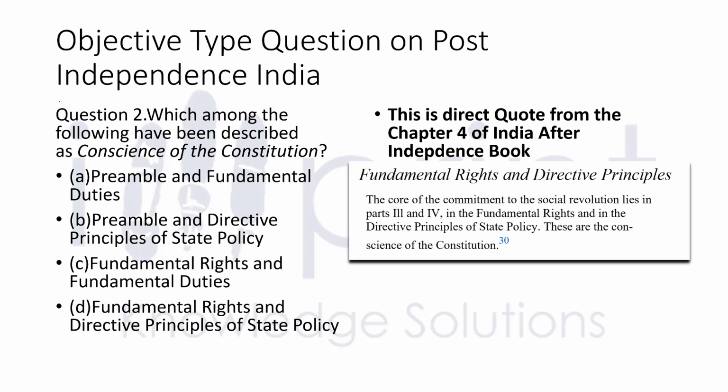The answer is D, and it is a direct quote. Chapter 4 on fundamental rights and DPSP starts by saying that the core of the commitment to the social revolution lies in Parts 3 and 4, in the fundamental rights and in the DPSPs, that is, directive principles of state policy. And these are the conscience of the Constitution. So we are getting this from here.